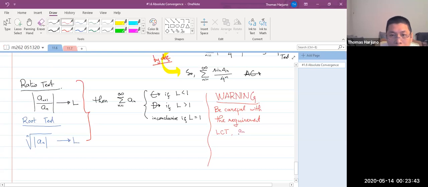If a sub n over b sub n converges to L, which is positive and finite, it implies the series a sub n and b sub n have the same convergence.